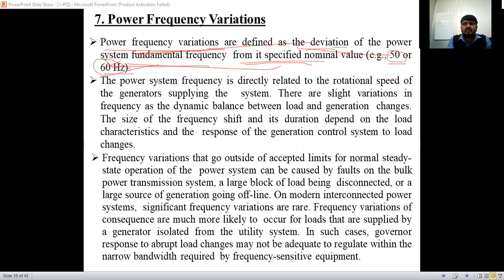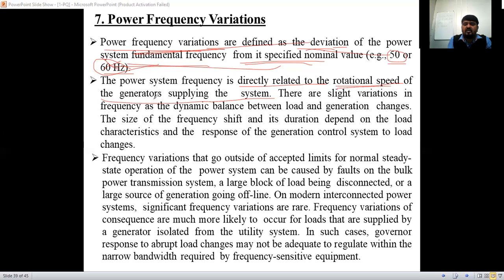The power system frequency is directly related to the rotational speed of the generator supplying the system. Whatever the electrical supply system is, it is completely dependent on the rotational speed of the generator.